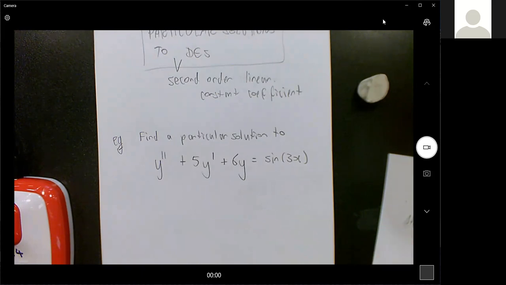And the way to find a particular solution is to follow the vibe of differential equation solving, which is to guess a kind of solution that it might have and then figure out the correct one of those. This is how solving differential equations goes.